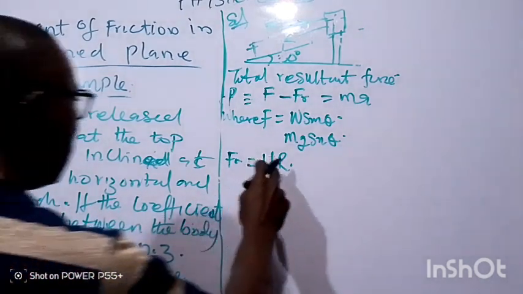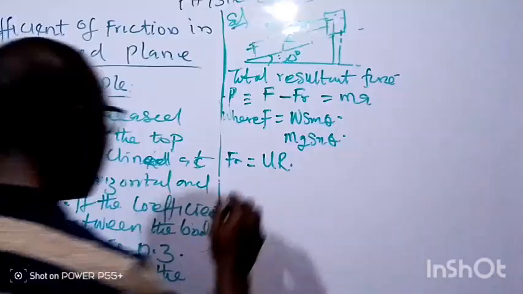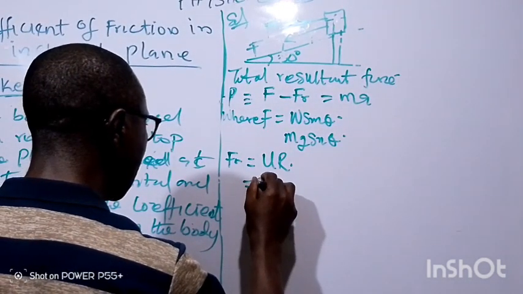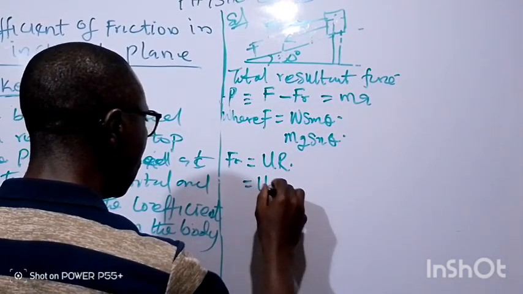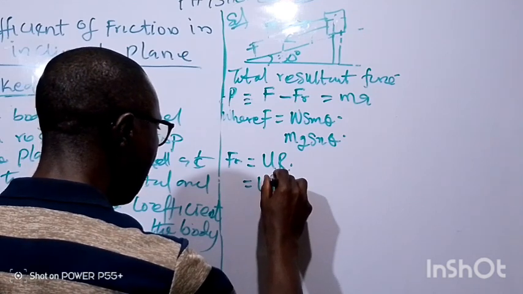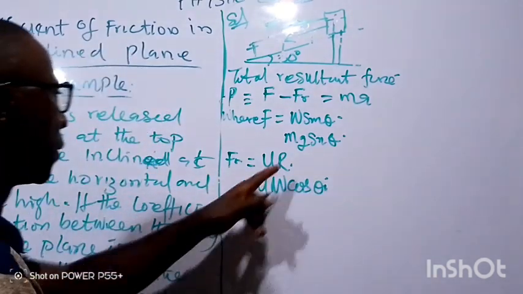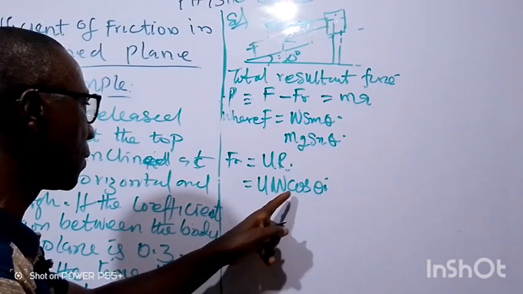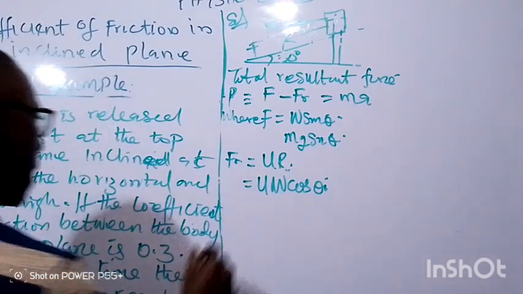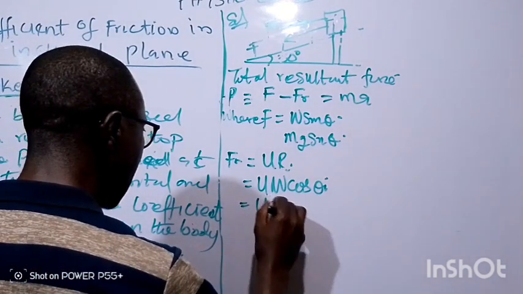Don't forget the magnitude of normal reaction would be W cos theta. So we can now have mu mg cos theta.